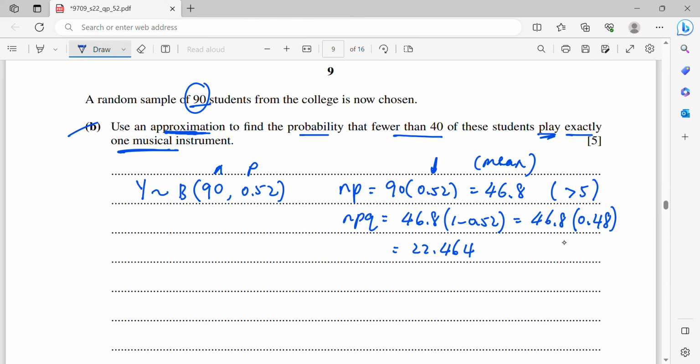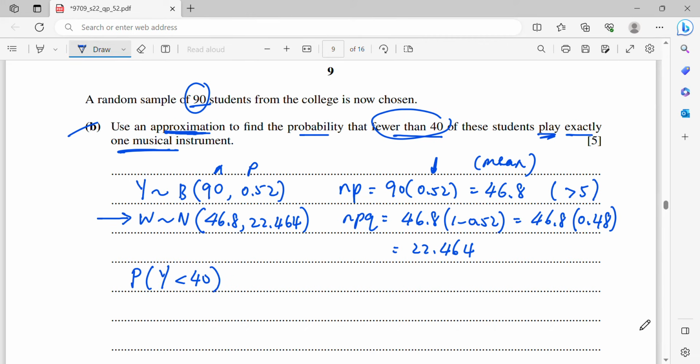So now, by using the normal approximation, your Y will approximate to a new variable W, which is normally distributed with mean 46.8 and variance 22.464. Okay, so now fewer than 40, so you need to find P(Y less than 40).